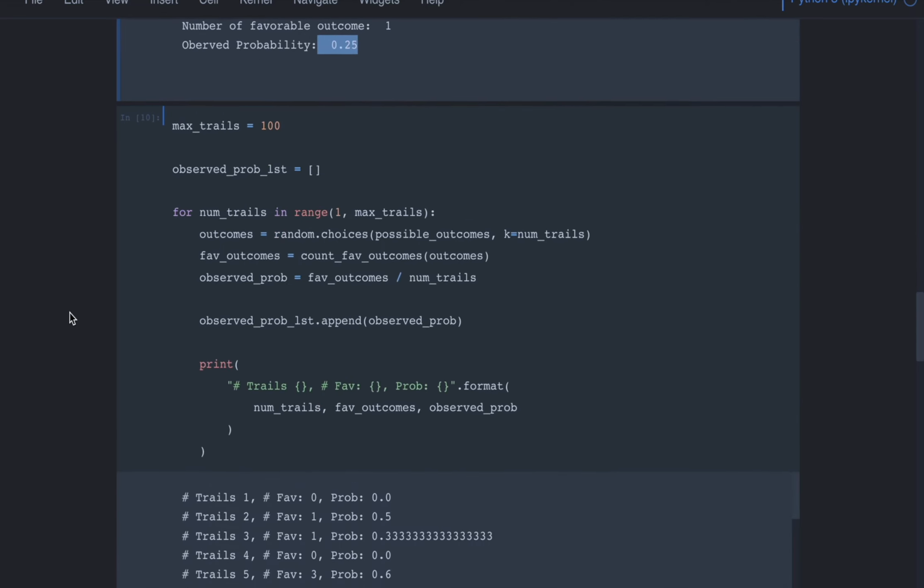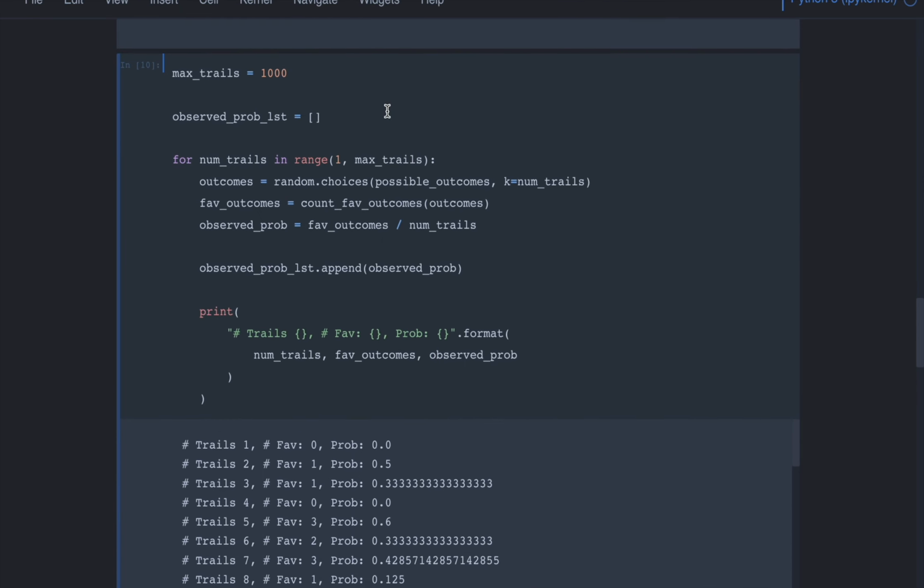But let's do the actual simulation, which is where we repeat the experiment many number of times. Let's say we want to roll the dice a maximum of 100 times. Here we have defined this observed probability list, because in the first experiment, we roll the dice once and we compute the probability.